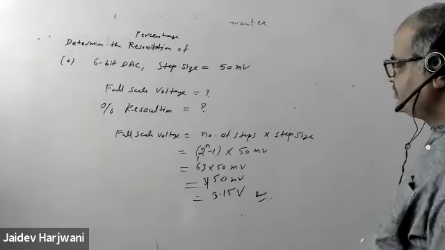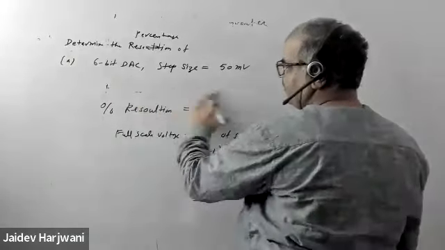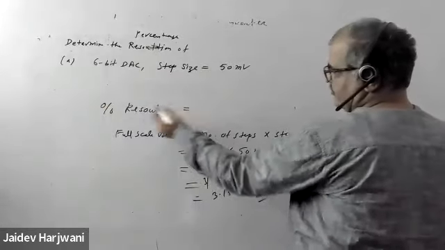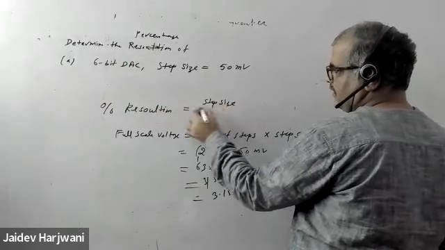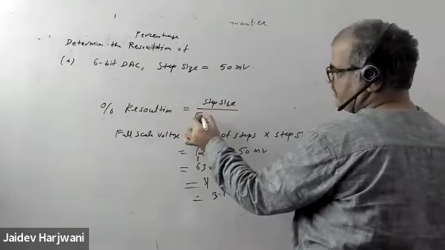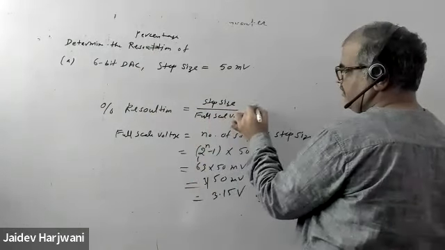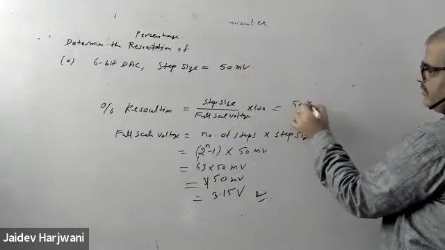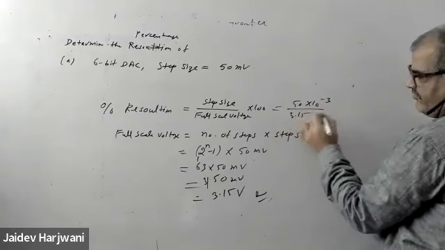Okay, there's the full scale voltage and the percentage resolution. Just now we have already calculated it for 6-bit, or you can calculate it the other way also. The percentage resolution formula is step size upon full scale voltage, into 100. The step size you already know is 50 millivolt, and this is 3.15 volt.